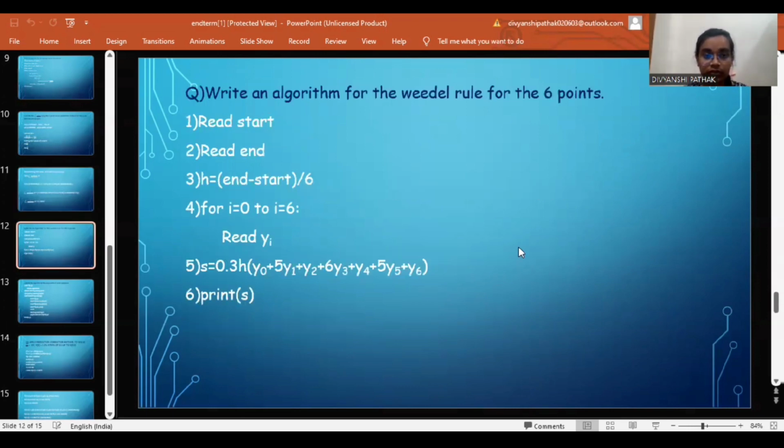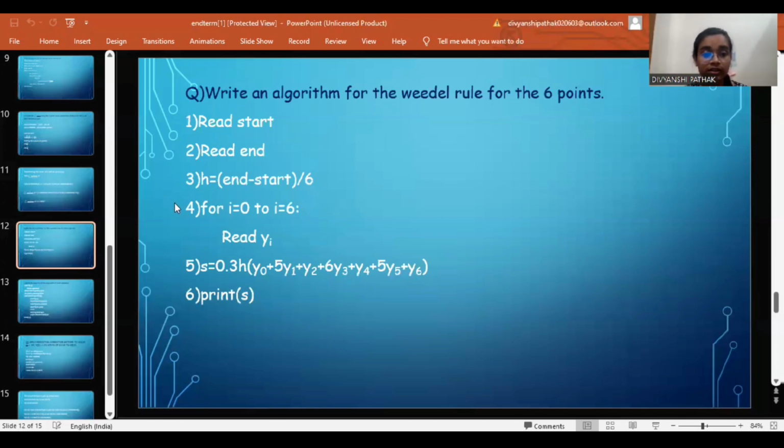Now, the next question, write an algorithm for the Weddle rule for the 6 points. In the first step, we will read the starting point, and in the second step, we will read the end point. With the help of starting and ending points, we will calculate the value of h in the third step, which is h equals end minus start upon 6. Here 6 is taken because in the question it is mentioned that we have to write an algorithm for the 6 points.